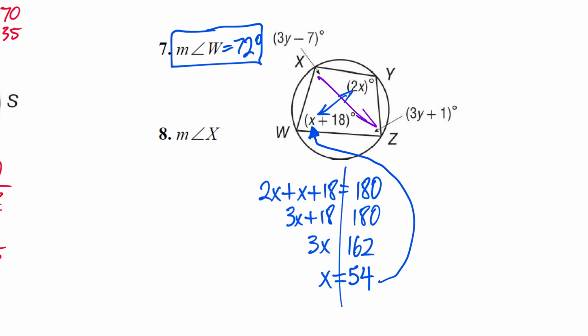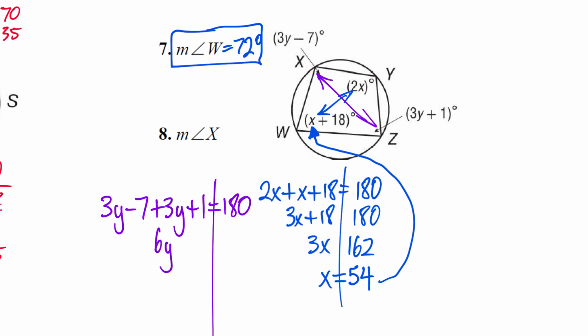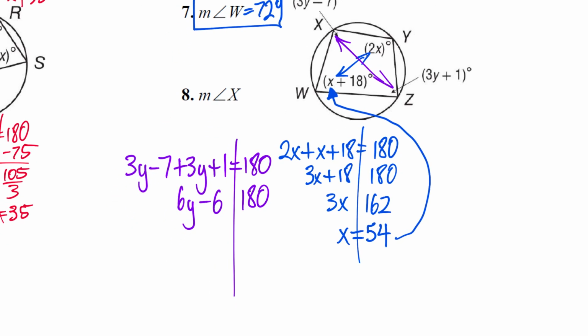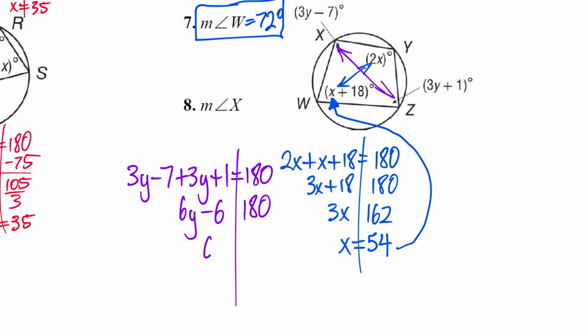And then these two opposite angles are supplementary. So on this one, 3y minus 7 plus 3y plus 1 equals 180. So 6y minus 6 equals 180. Combining like terms, add 6. 6y equals 186, divided by 6. And that's going to be 32.